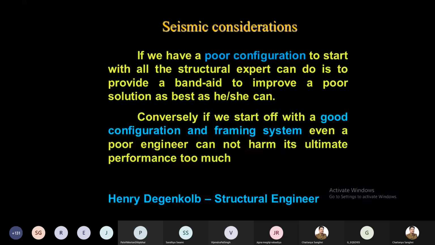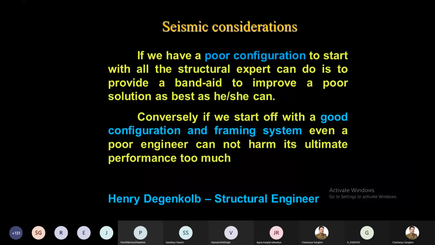They just provide a band-aid. But on the contrary, if the architect is giving a good configuration and framing system, then a poor engineer cannot harm its ultimate performance, right? So if the configuration given is good, then almost half of the battle is won, I tell you, right? So good configuration is one of the major things, right?